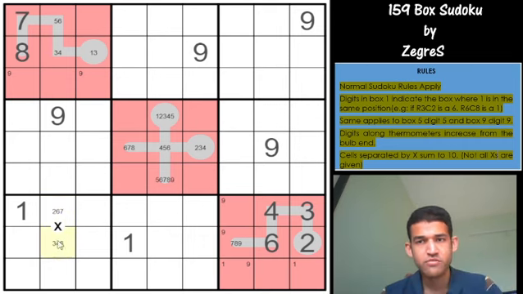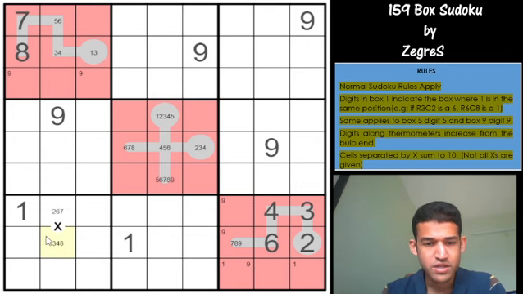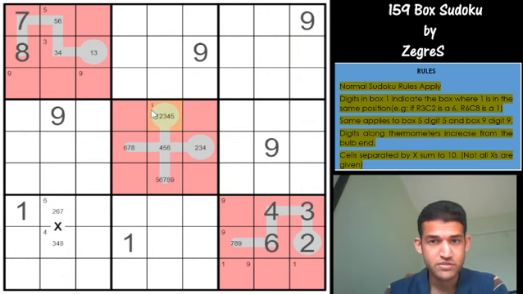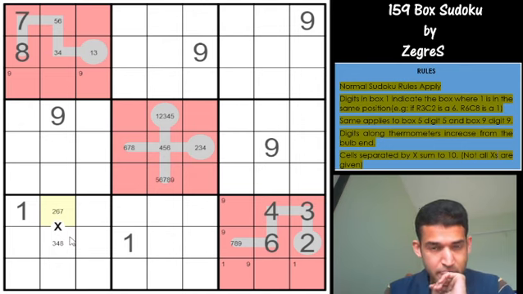Okay, this cannot be 4 and 6, a very tough one to see. If this is 4 and 6, this instantly becomes 3 and 5, right? No other option. So that forces a 1 in here and a 1 in here. Oh, wait, I saw something else there. Sorry. So this could be a 4 and 6. My bad.